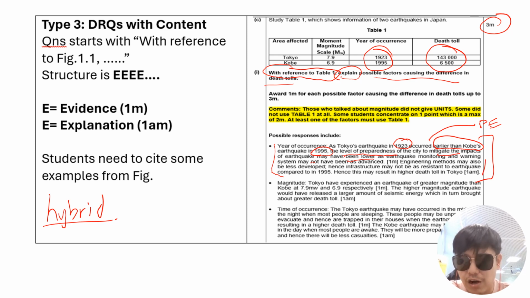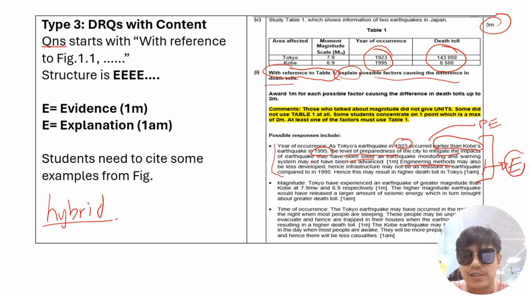So how do you get that one additional mark? I went on to really elaborate a bit more. I went on to elaborate how come Tokyo's earthquake in 1923 has such a high death toll as compared to Kobe. It is because perhaps engineering methods may be less developed and hence infrastructure may not be as resistant, so on and so forth.